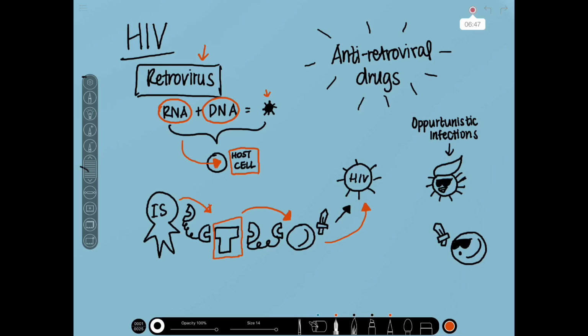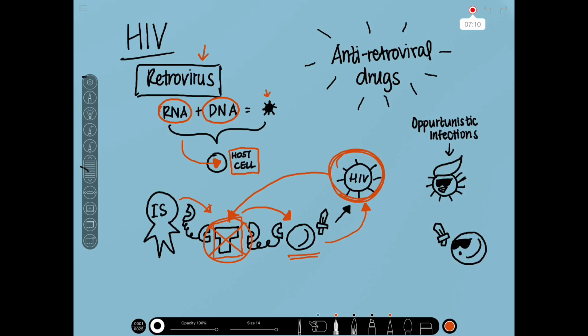But the thing with HIV is it invades T helper cells and destroys them. By destroying T helper cells, it will take a toll on the production of antibodies.